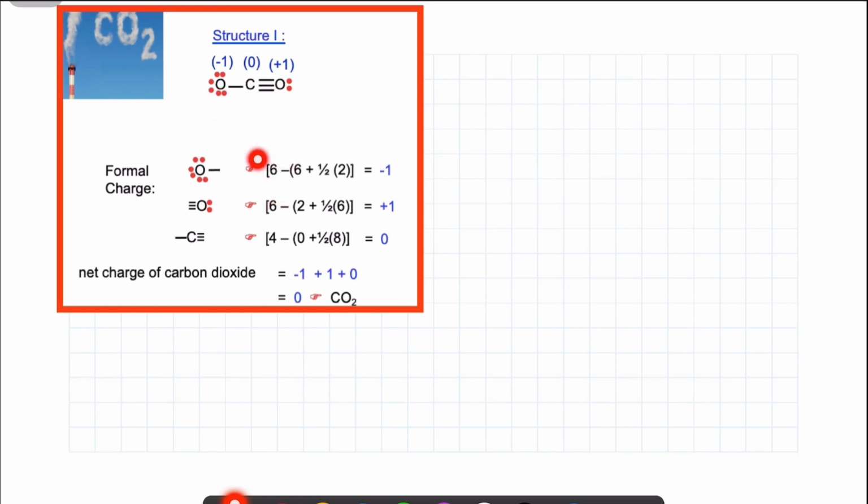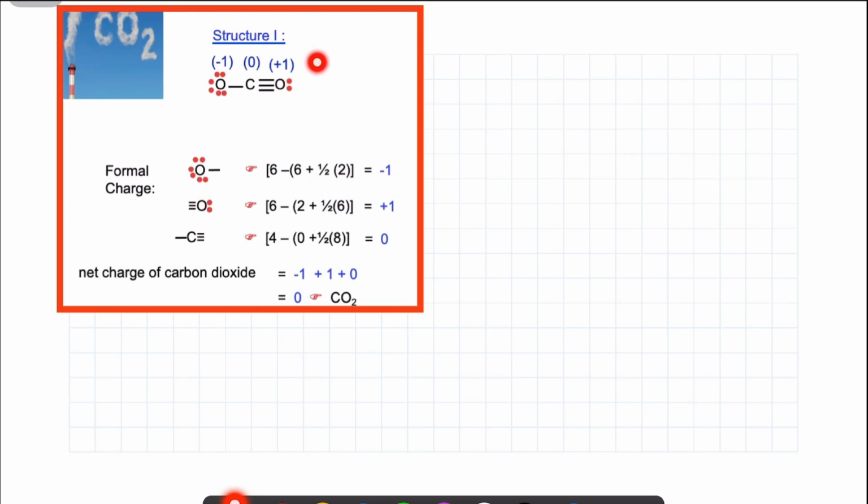Minus 6, we refer to the non-bonding electrons, which are the lone pair electrons. You can see here there are 6 dots. So minus 6 plus half the bonding electrons. This oxygen has one bond equivalent to 2 electrons. So in brackets 2, then you will get negative 1.